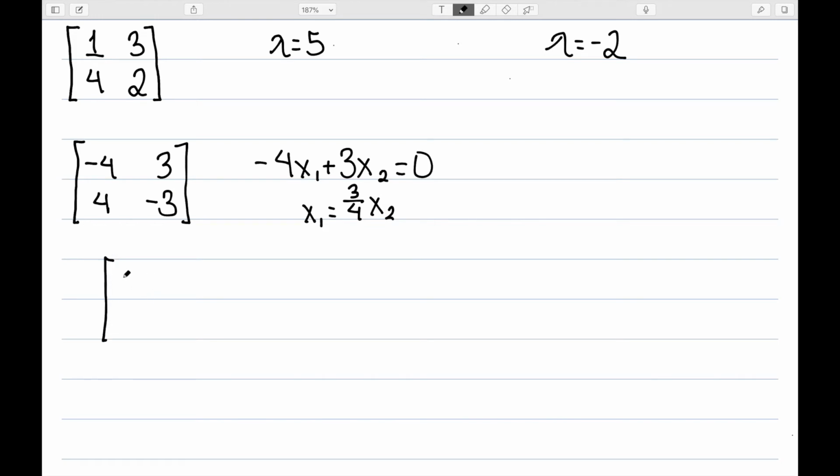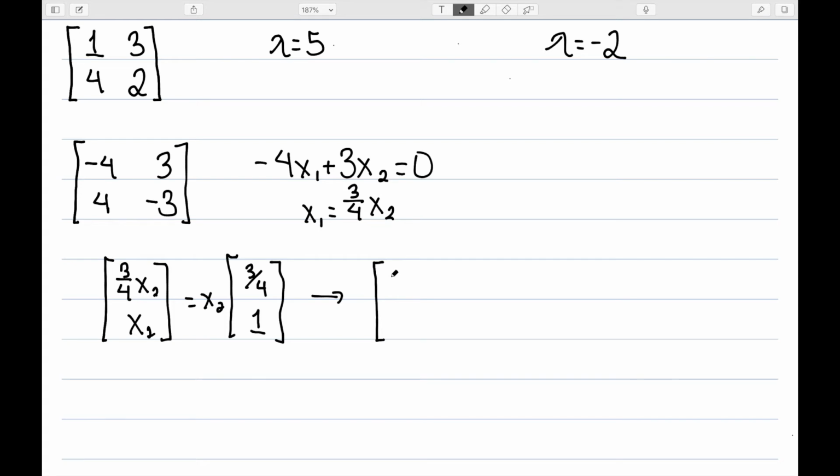When we write our vector, we write the equation for x1, and then x2 is a free variable. We can factor out an x2. So any multiple of this is fine, and we tend to not like fractions, so I'm going to go ahead and multiply this through by 4 to get the vector 3, 4. And I'm going to go ahead and write that up here so that we can keep track of it.